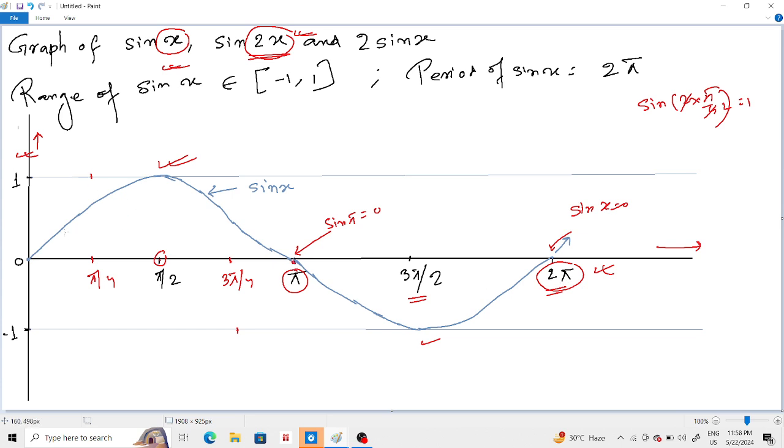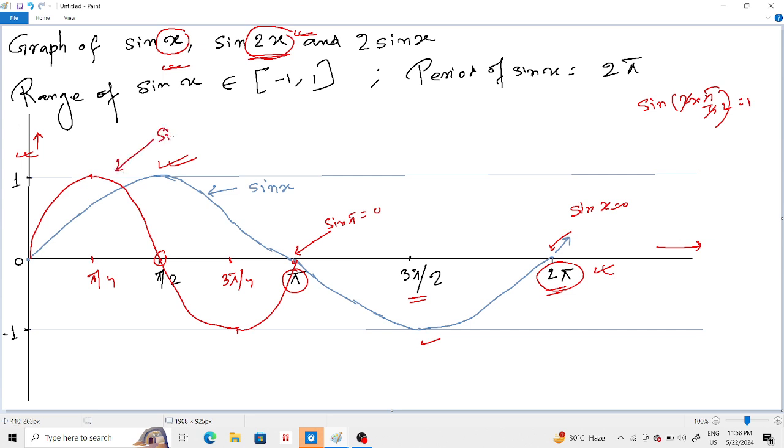If I draw the graph of sine 2x, it will be like this. It will go up like this, then come down like this, and then reach like this, and then go like this. You can see that the entire graph of sine x has been squeezed within 0 to pi, which is nothing but sine pi by 2.